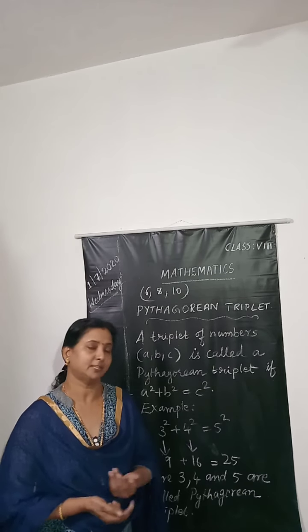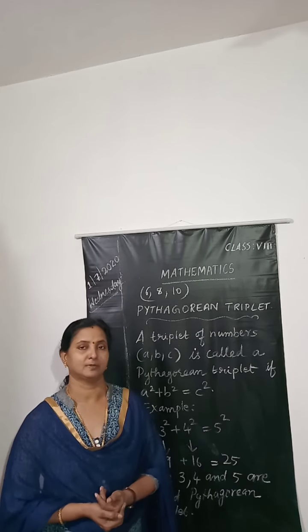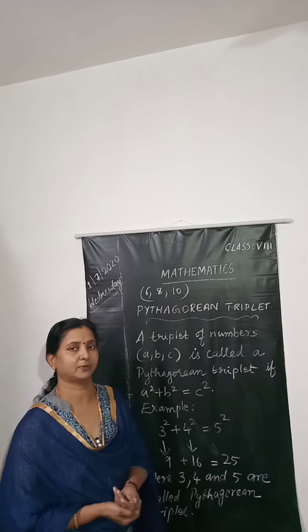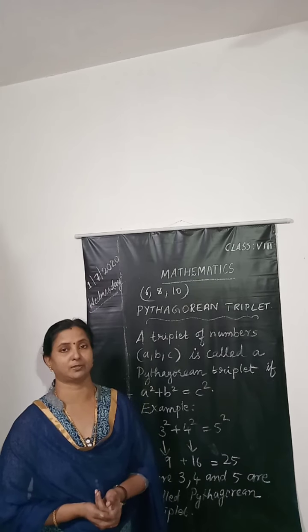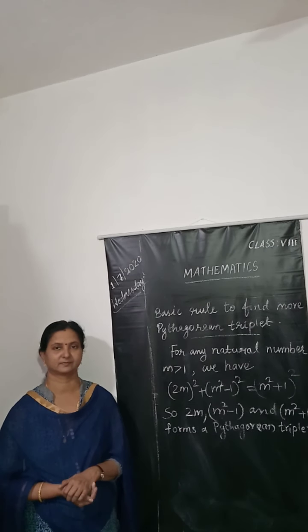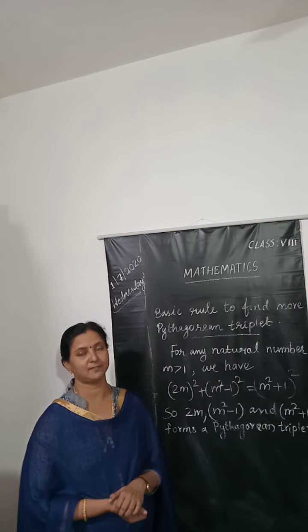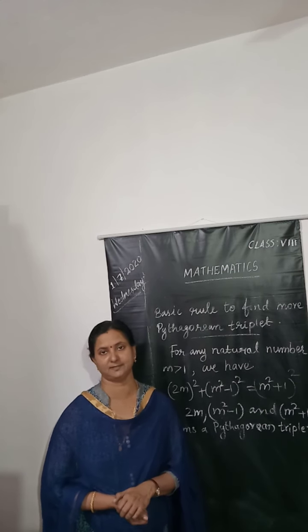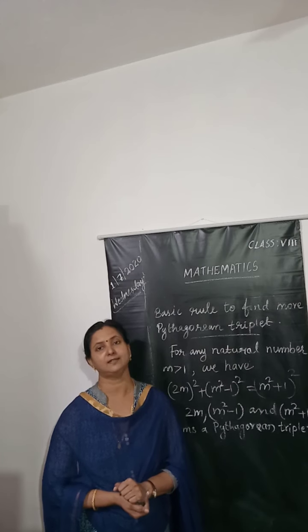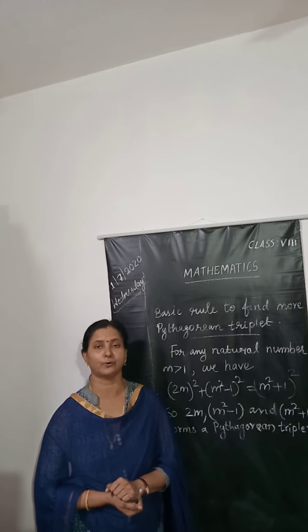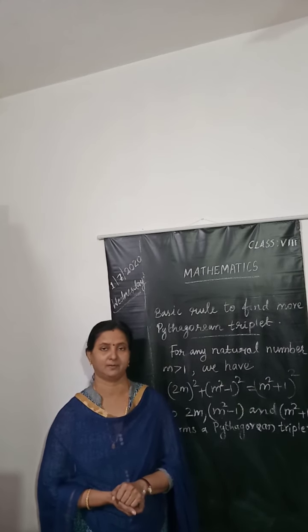But actually there is a general form for Pythagorean triplet. The general form of Pythagorean triplet is 2m, m square minus 1 and m square plus 1 for all m greater than 1.